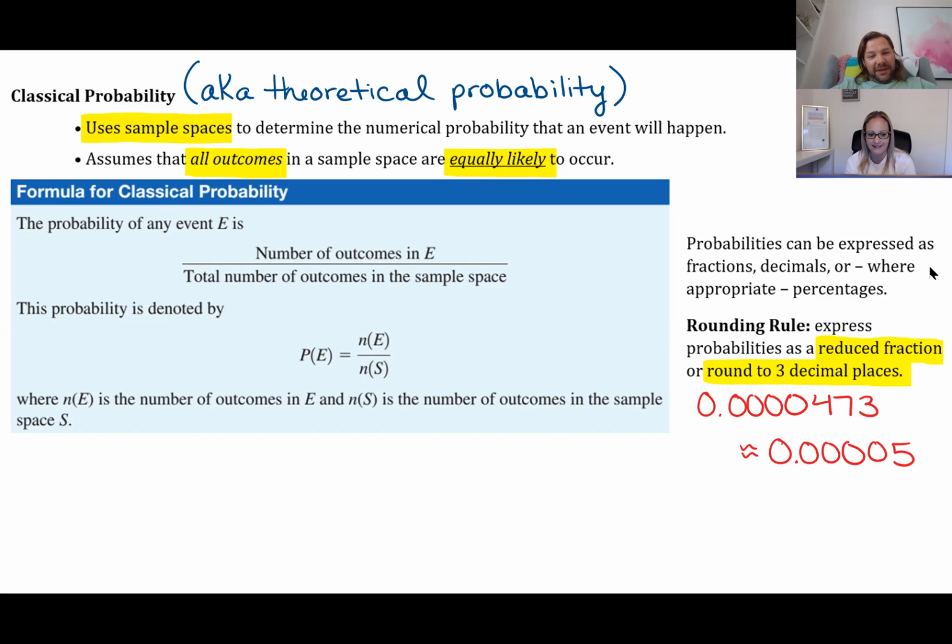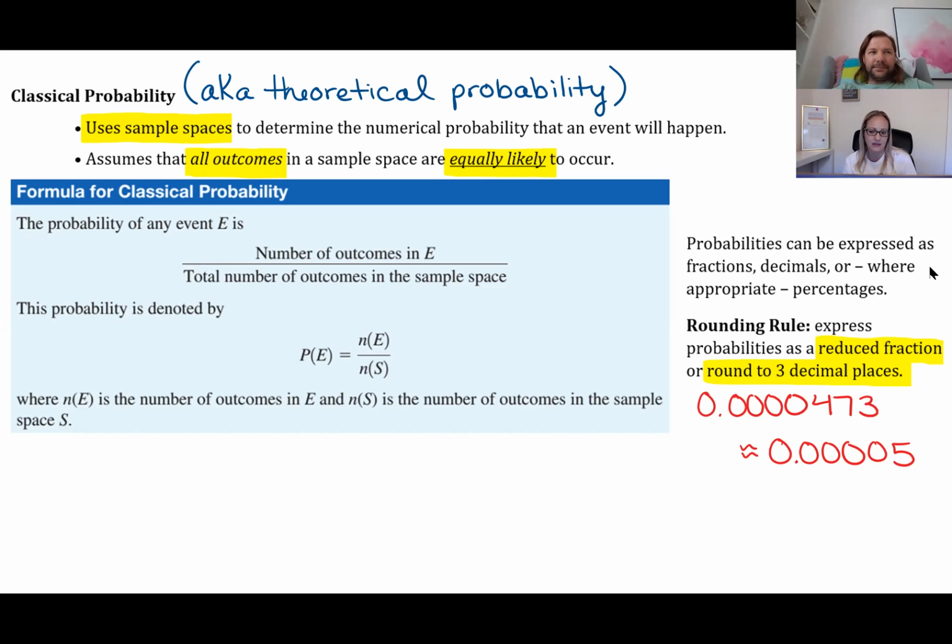If you had to cut it off after 3 zeros, what would it be? It would be 000. So you'd be essentially putting that your answer for probability was 0.